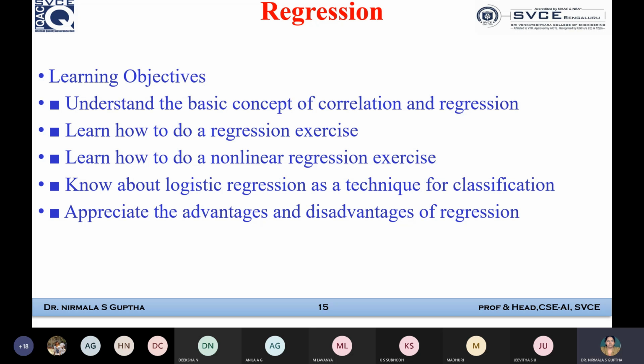We will also learn about logistic regression as a technique for classification, and finally we'll see the advantages and disadvantages of regression. These are the learning objectives of the lesson.